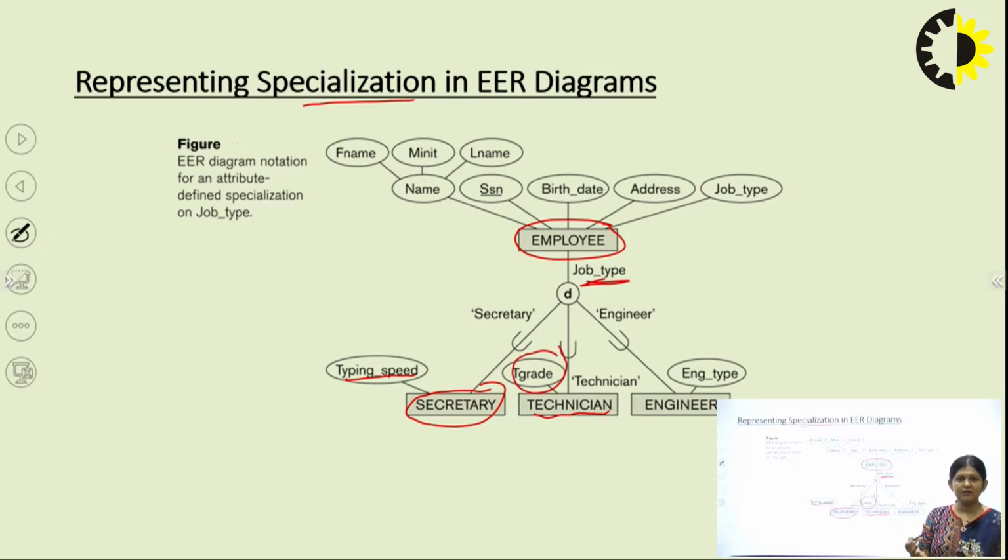They may have done certain courses, and based upon that they have the technician grade. Then engineer type: different engineers may be there in the organization. Nowadays we may have software engineers, then technical engineers, mechanical engineers, and electrical engineers. So in an organization, say a manufacturing unit, there may be different engineers working at different levels. So here secretary, technician and engineer are the specializations.